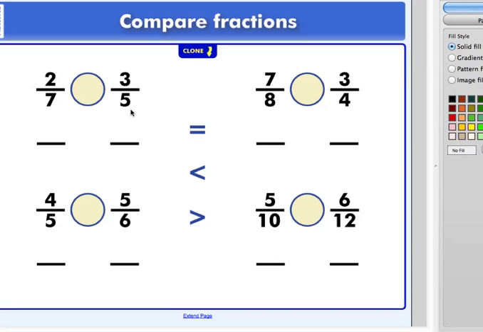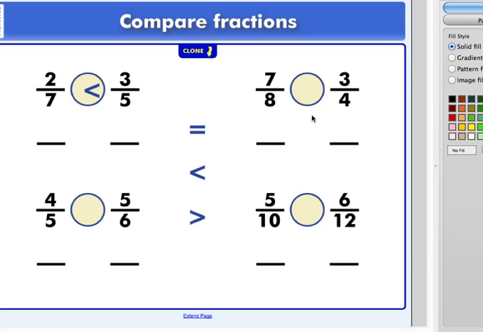Now if I ask myself the same question for 3/5, is 3/5 closer to 0, 1/2, or 1? Okay, you probably say it's closer to 1/2, but we also know that it's just a little bit more than 1/2. If 2/7 is less than 1/2 and 3/5 is a little bit more than 1/2, then I know that 2/7 is less than 3/5. Cool, huh?